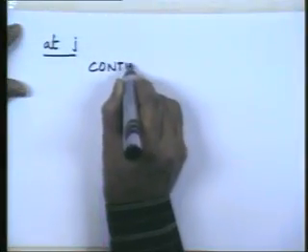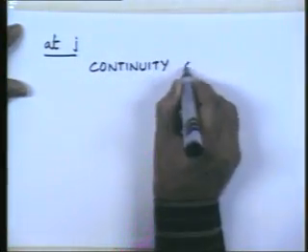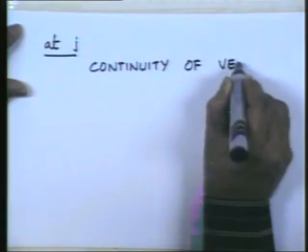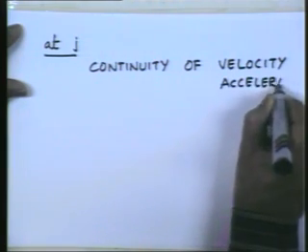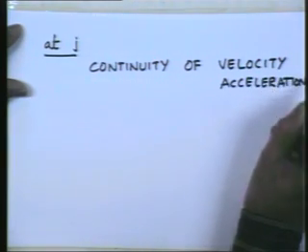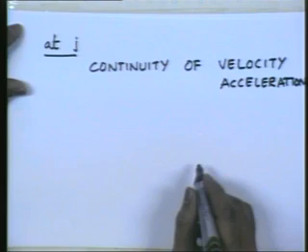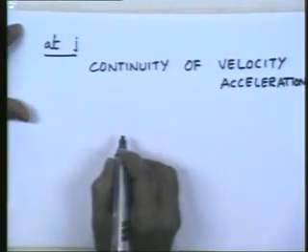So at j, we want continuity of velocity and acceleration, and that gives us the 2 equations that we are looking for. Now what does continuity of velocity and acceleration mean?